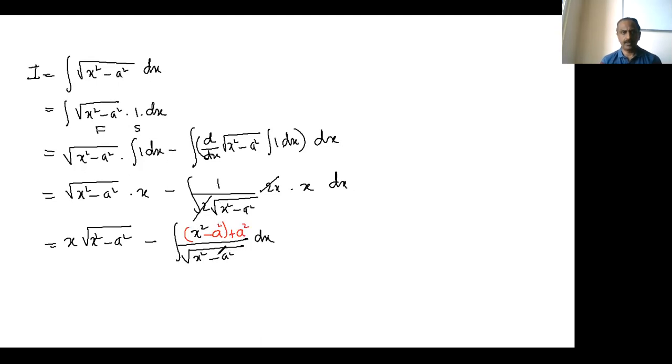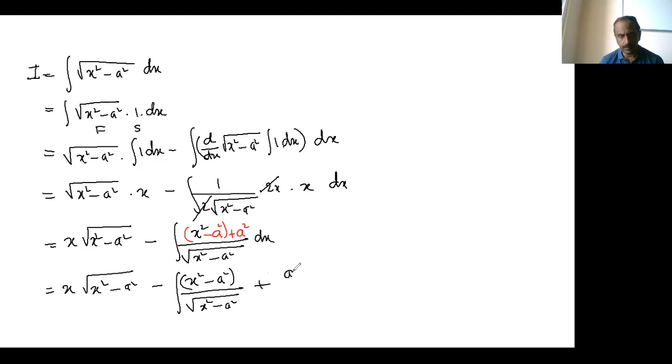Then only they will match, then only cancellation is possible. So I will write this as x root of x square minus a square minus, I'll separate it, x square minus a square upon root of x square minus a square plus a square upon root of x square minus a square.